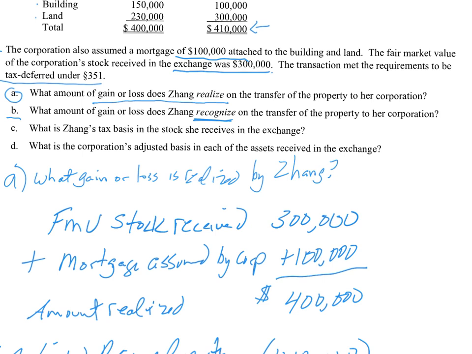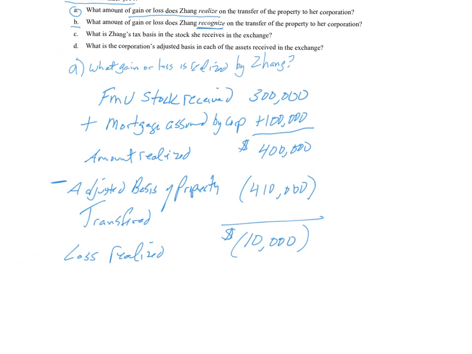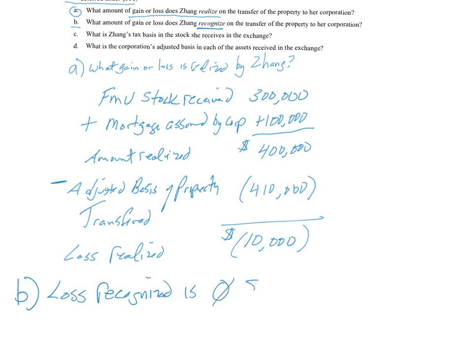Section 351, tax deferred transfers are one of those situations. So for B, loss recognized is 0.